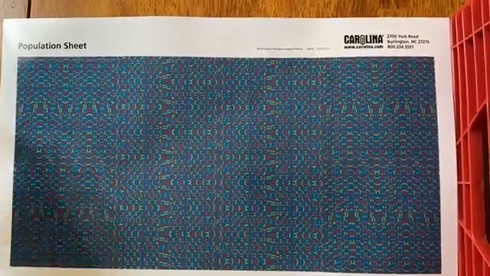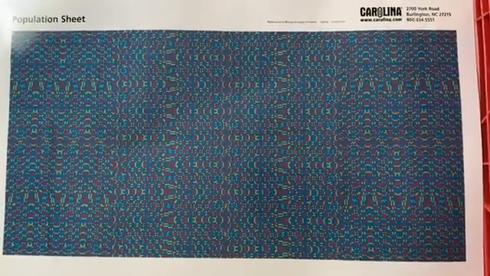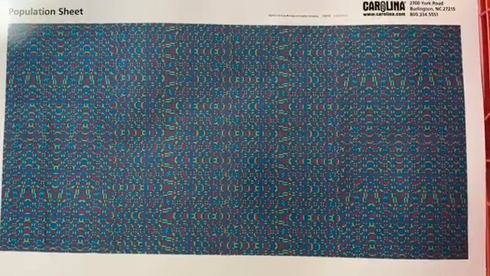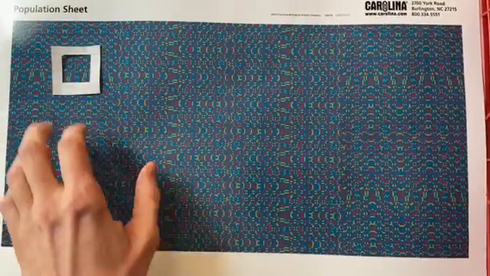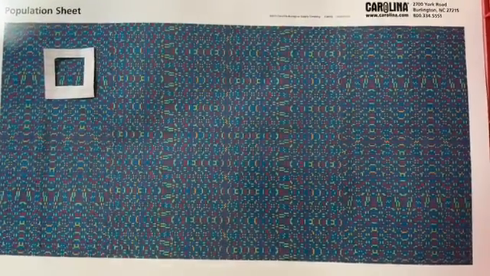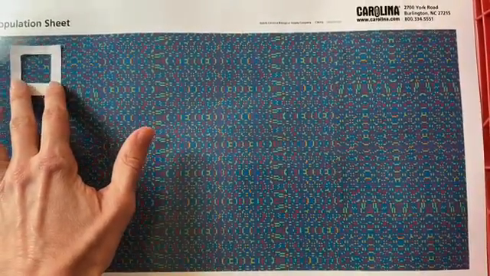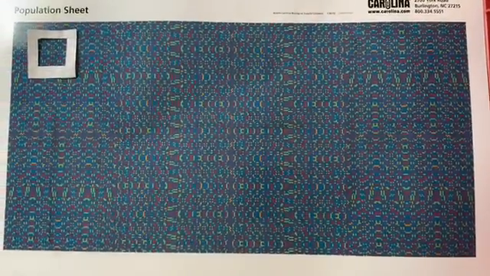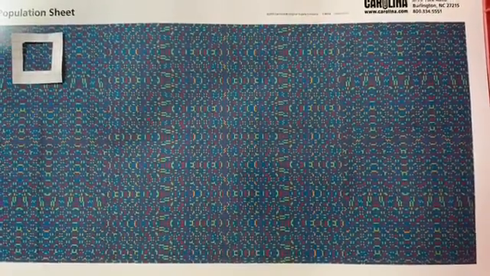Again, it would take me a long time to go around and count each one of these green squares. So we're going to use what's called a quadrat. Basically, it's a little square, and it's going to help us estimate how many of these green squares there are in this total area. So if I just randomly place this out there, I would then be able to count how many green squares there are.